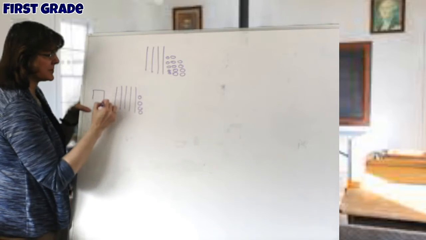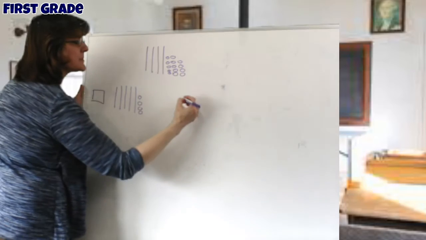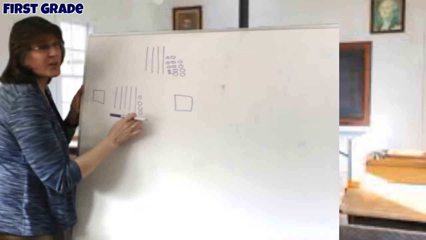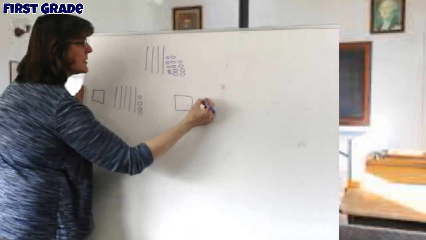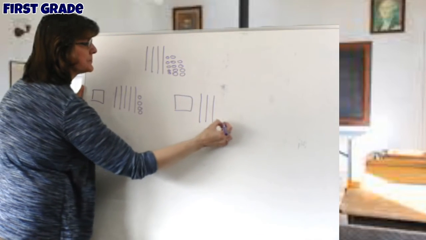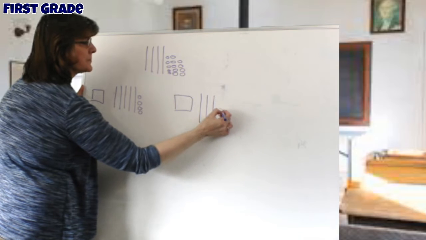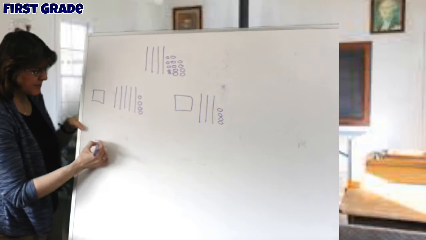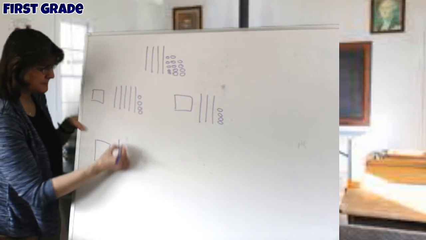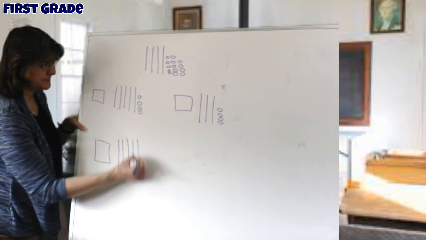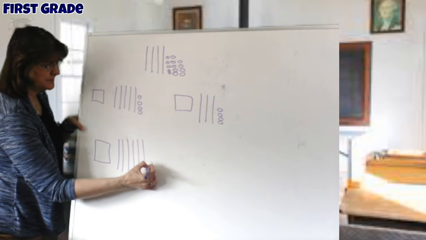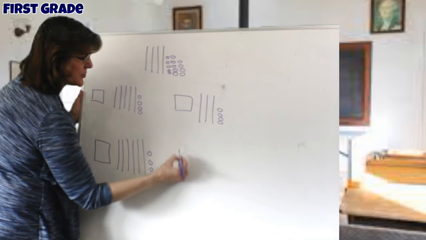So I'm going to put a box here so we can make an X by the box instead of a circle so we don't get confused with our circles here. Let's do this one. And here's our third choice. And our fourth choice.